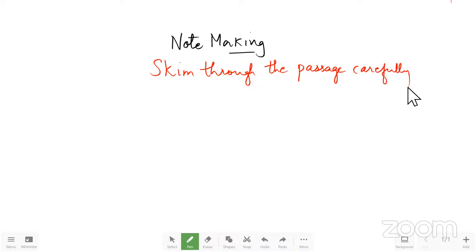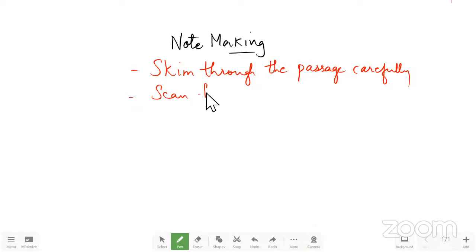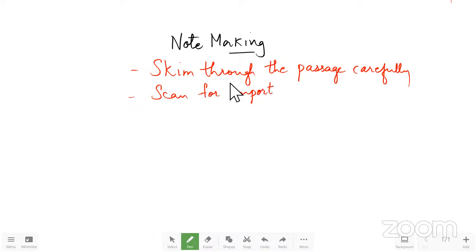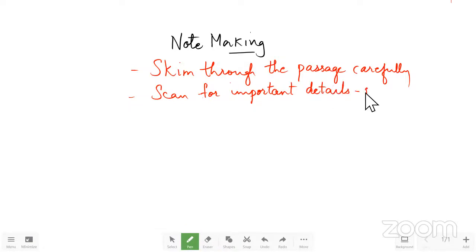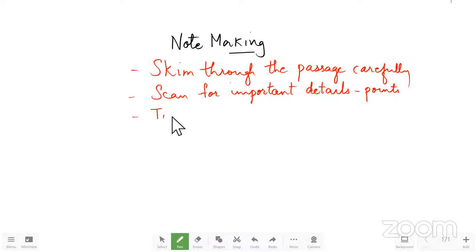Second thing you should do is scan for important points, or you can say details. Next thing you should remember is immediately the title.